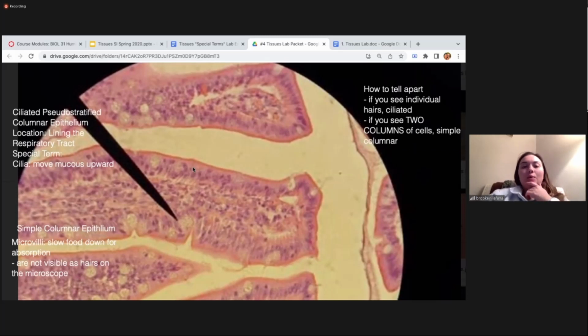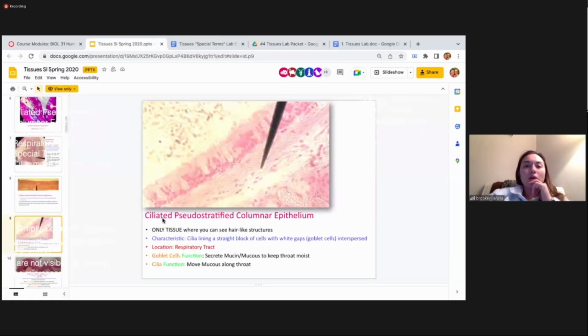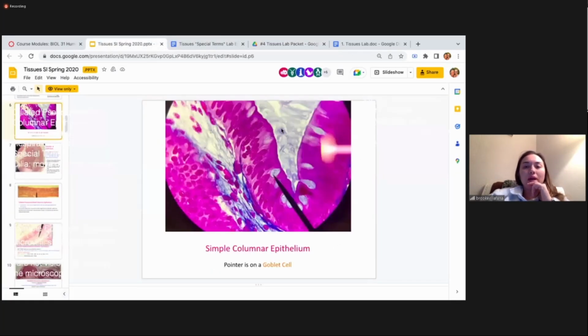So do you guys see how we have column number 1 up here, and then column number 2 down here? Yes, those are 2. Our other example that I showed you over here was this guy, right? 2 columns of cells. Do you guys see 1 and 2?